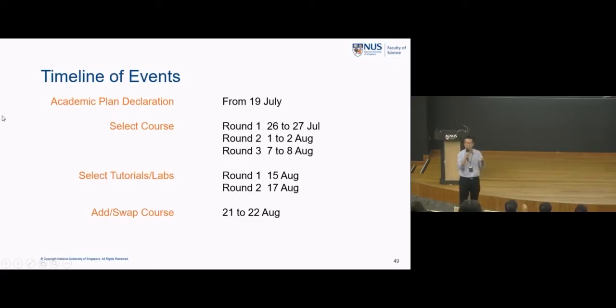Because the results of round 1 will be announced first. Students will then know, oh, I've been successful or I'm not successful. Let me go in again in round 2 and try again or try something else. So you need to have that time window for you to know whether you've been successful and then plan your next move. So different rounds, I'll explain later on what the significance of these different rounds are.